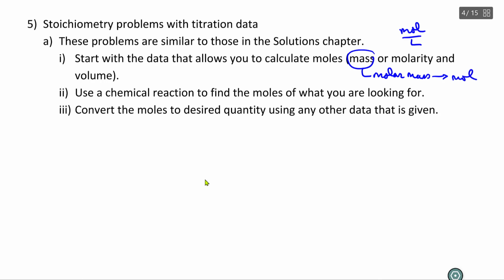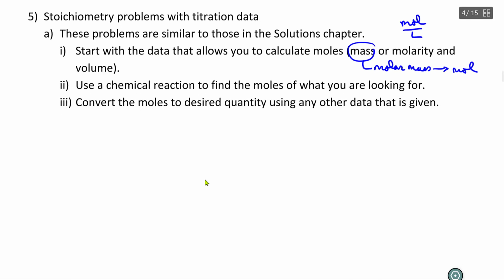So once you have the moles, then typically you're going to be looking for a quantity. You're going to use a chemical reaction, usually an acid-base reaction, but not always, to determine the moles of what you're looking for. So it's a stoichiometry problem and a chemical reaction problem. Oftentimes the reactions are given to you for acid-base, or they're assumed.